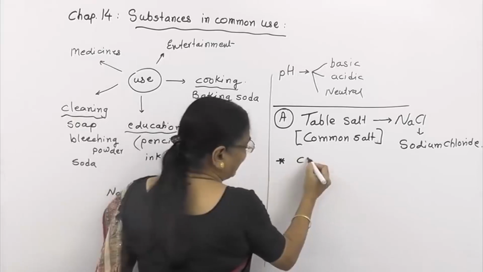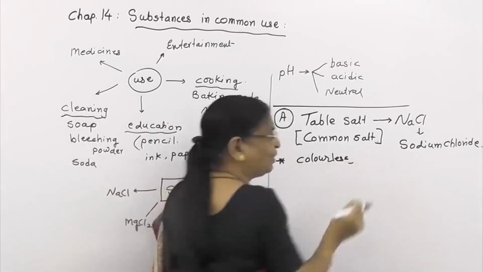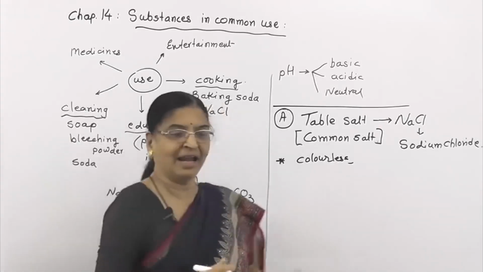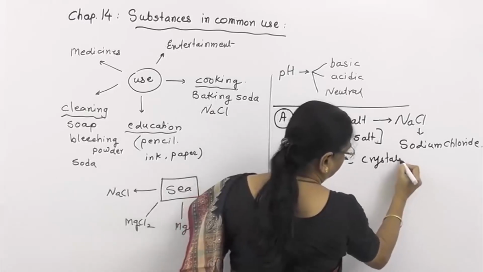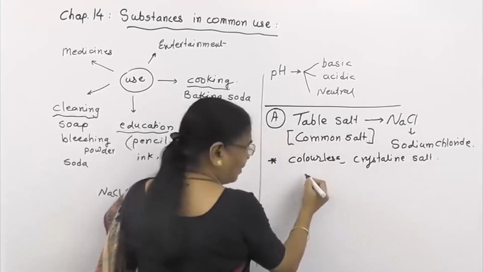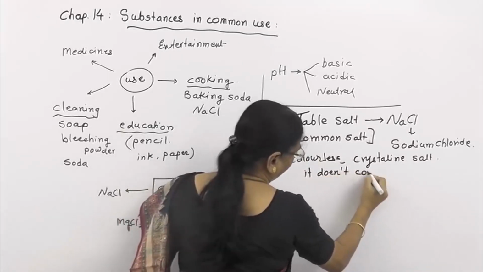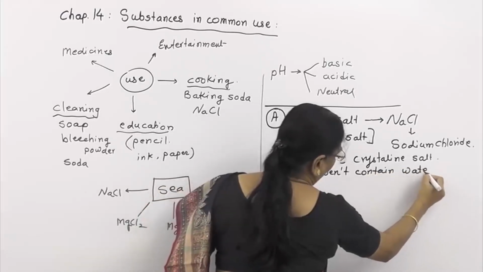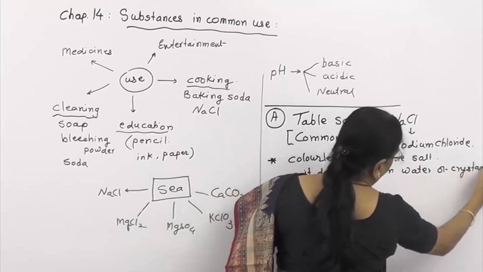So I will write it as colorless, or you can say the powder will be white, and when it is a colorless crystalline salt, the major important property is it doesn't contain water of crystallization.